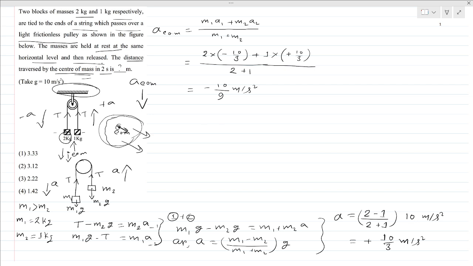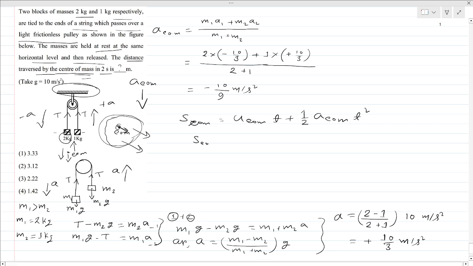Now we can find the distance traversed by the center of mass. We can write the equation of motion that we know: S equals u t plus half a t square. Here all the quantities will be replaced by those of the center of mass, because the question is regarding the center of mass.